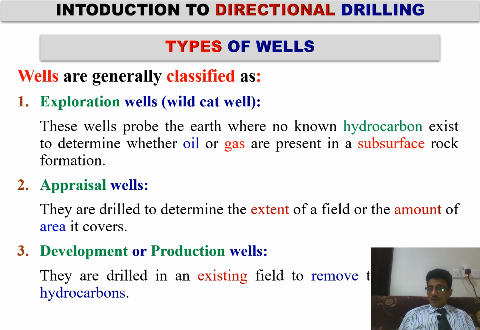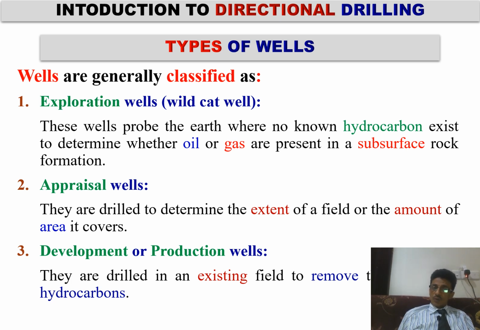Types of wells. Wells are generally classified as exploration wells, or wildcat wells. These wells probe the earth where no known hydrocarbon exists, to determine whether oil or gas is present in a subsurface rock formation.